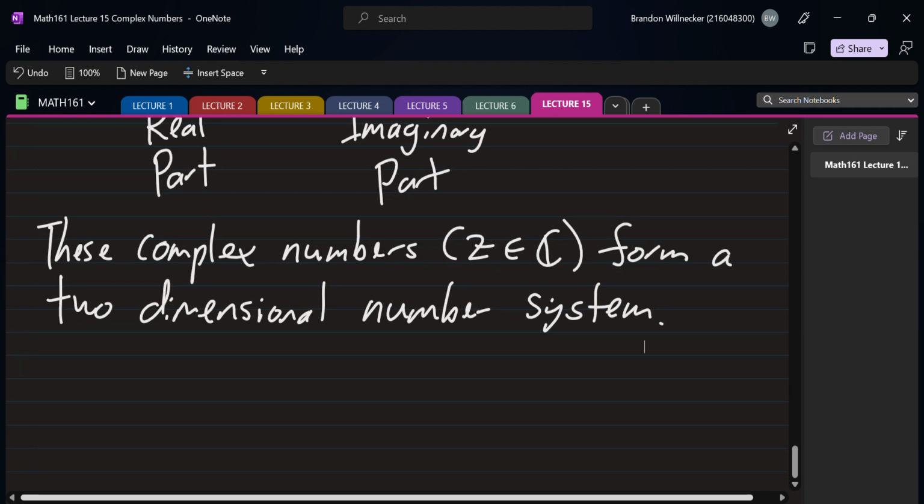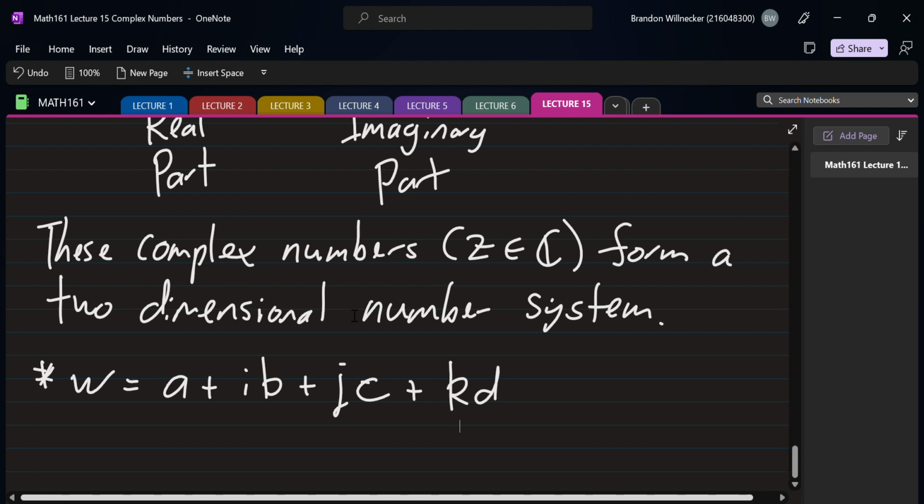We can also extend this to other number systems. We won't go into this much further, but there are other number systems, let's say w, which has a plus ib plus jc plus kd. These are called quaternions, and they are a further extension of the real numbers.